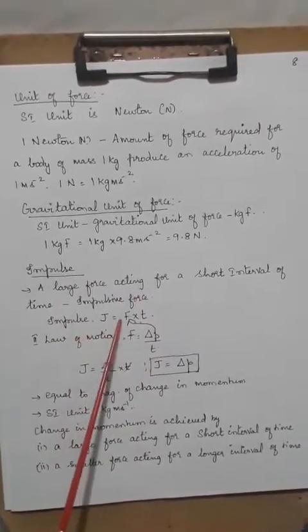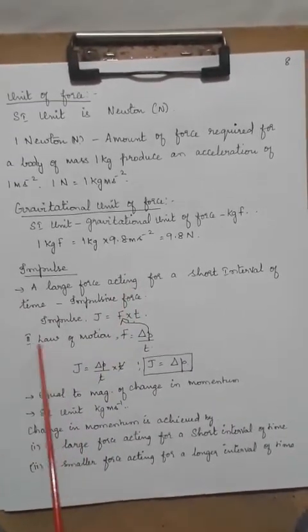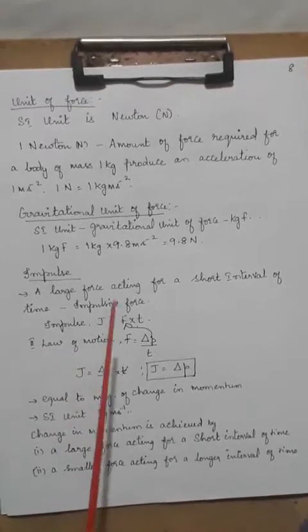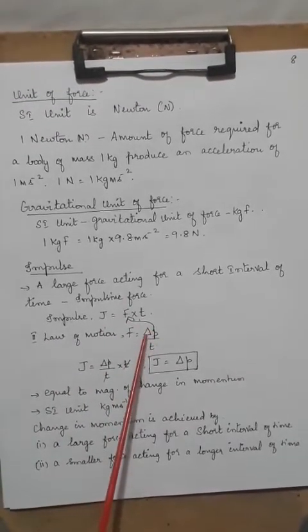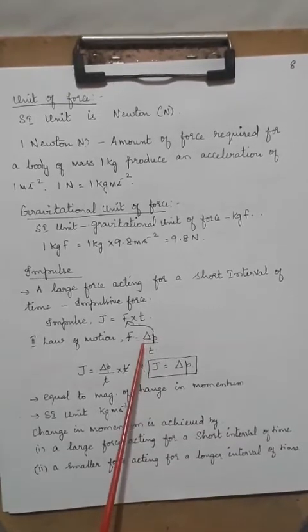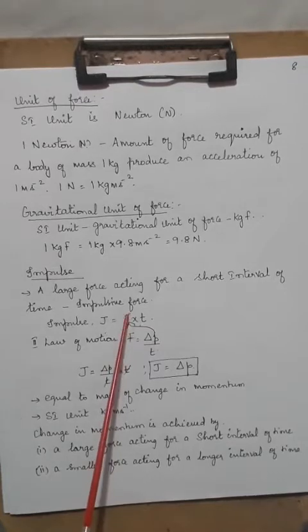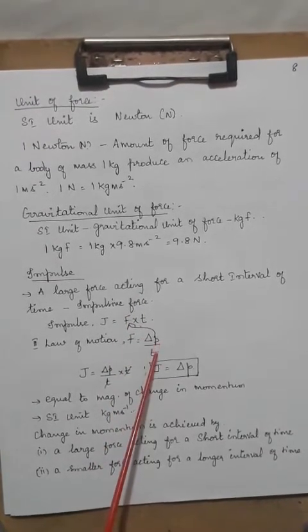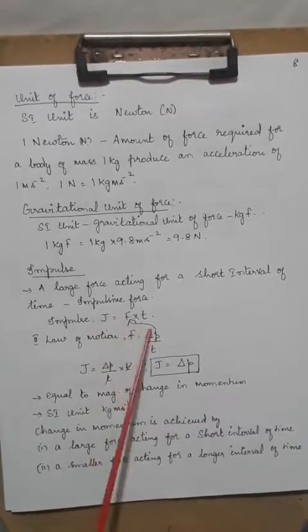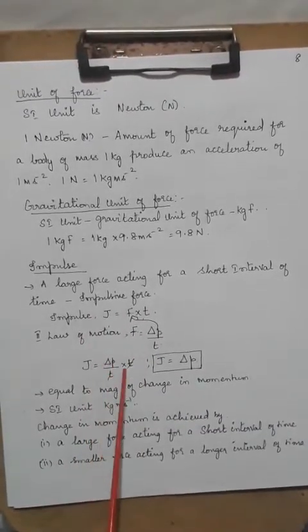Now by definition it is given by force into time taken, and by the second law of motion, F is equal to del P by t, that is the rate of change of momentum. So in the place of F, I can write del P by del t. Now this equation changes to J is equal to del P by t into t.